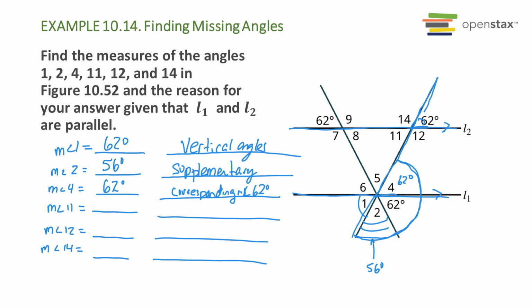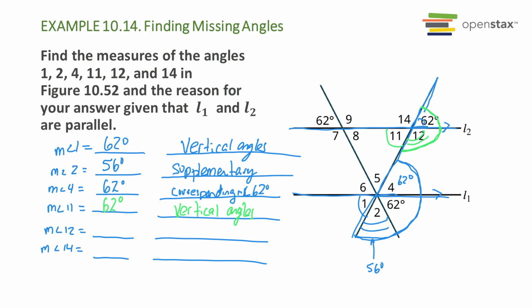Now, let me switch colors. What about up here at angle 11? Angle 11 is vertical to the 62 degree angle, so 11 is also going to be 62 degrees because of vertical angles. And then what about 12? We can find 12 because 62 degrees and 12 are on a straight line, so they are supplementary angles.